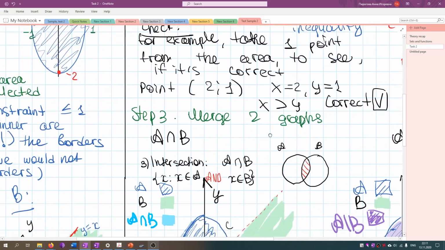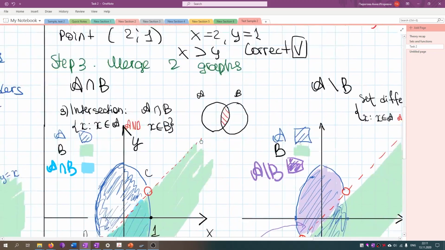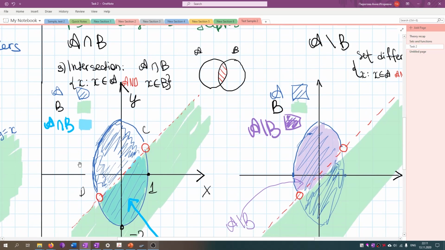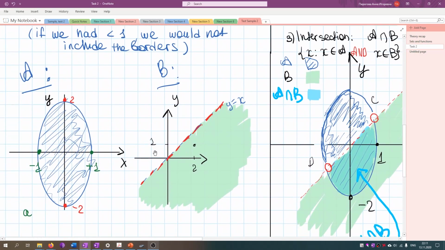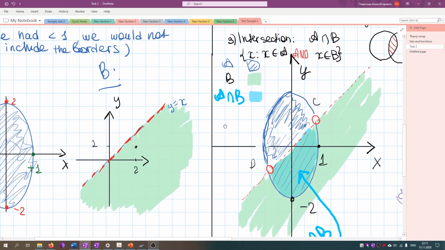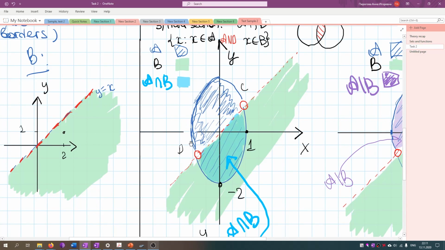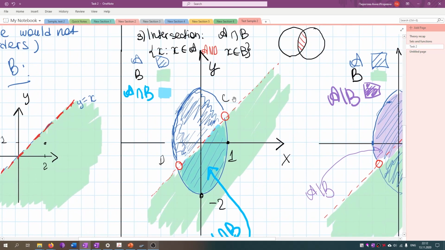And our third step is to merge two graphs to get the final result. So here is our A set and B set, and firstly we need to find the intersection of A and B. So we just draw here our ellipse, and we draw here our green area.